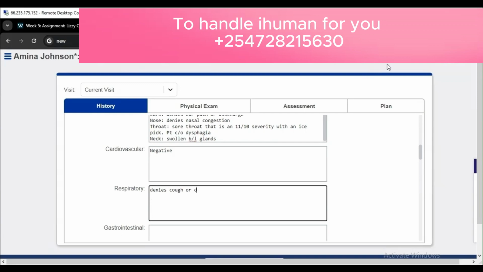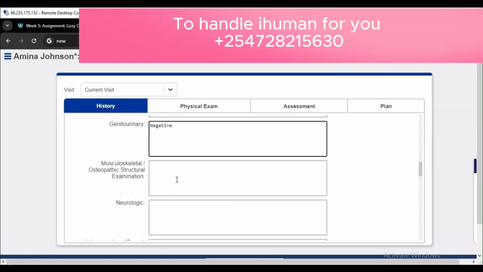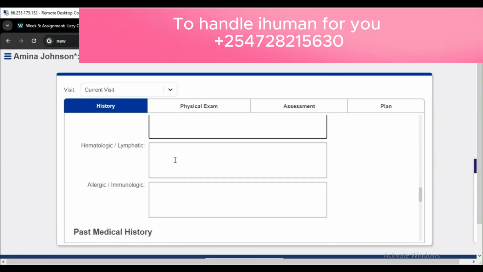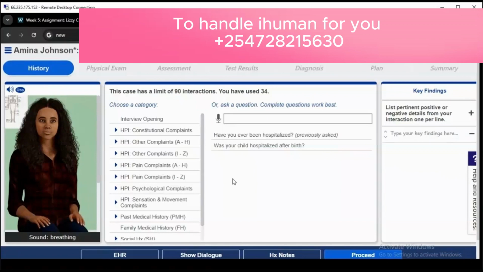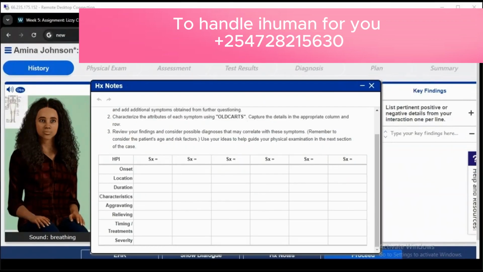Once you're done with that, you also have to assess other systems such as musculoskeletal, genitourinary, breast, psychiatric, immunologic, allergic.